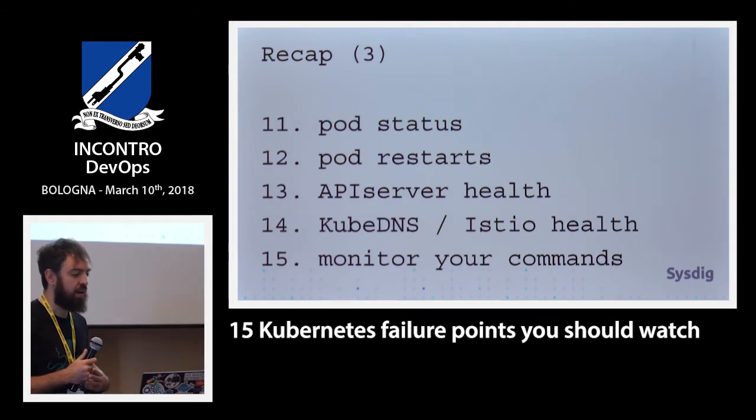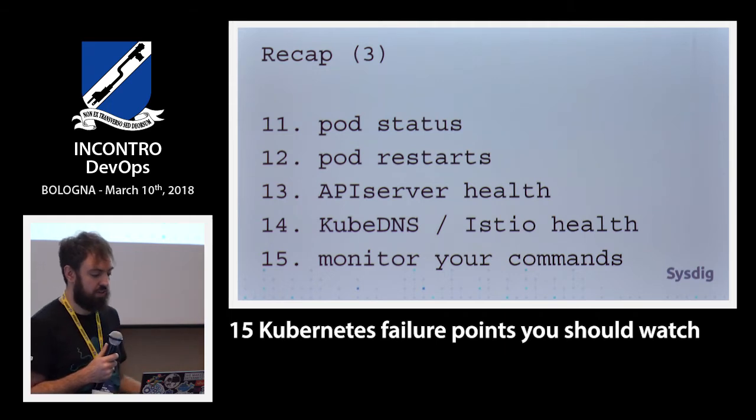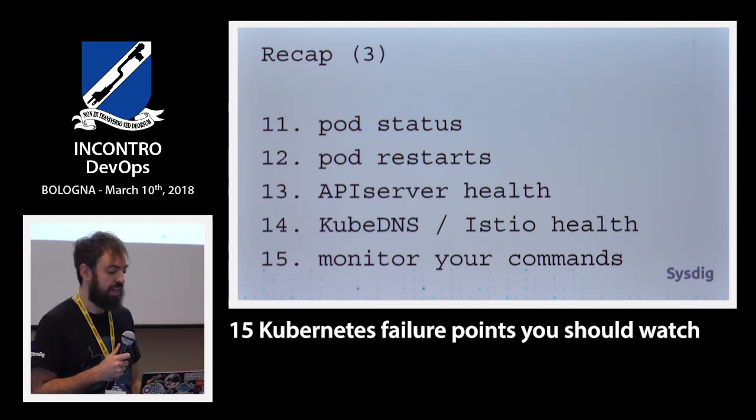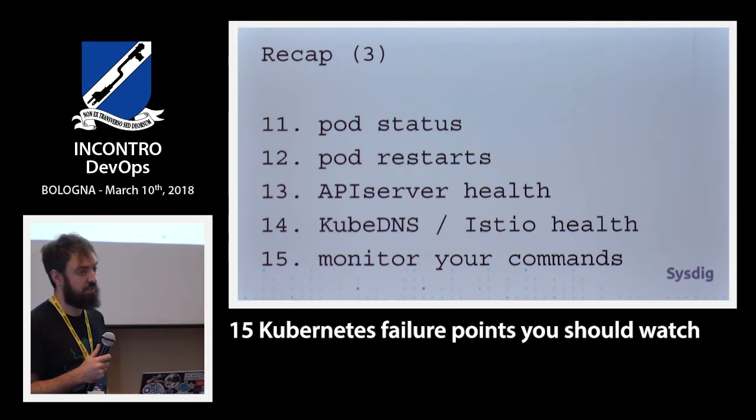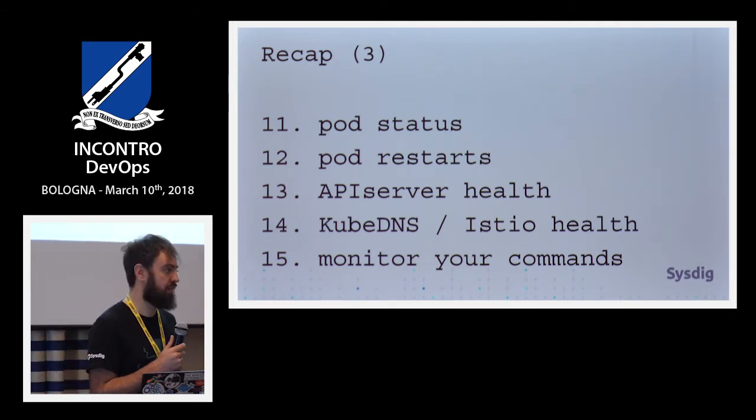And finally, the pod orchestration, so the status, the restarts, the health. In this case, we are going back to the beginning, health of services rather than the state of services. So the health of API server, the health of your DNS server, and the final one, human factor, monitor your commands, your configuration. So this is everything I have for today.